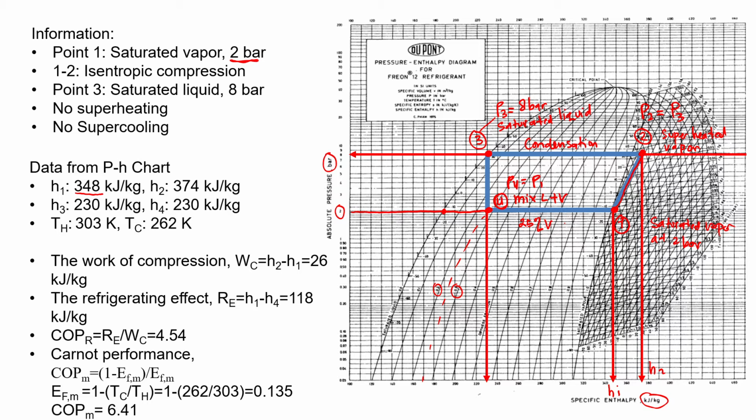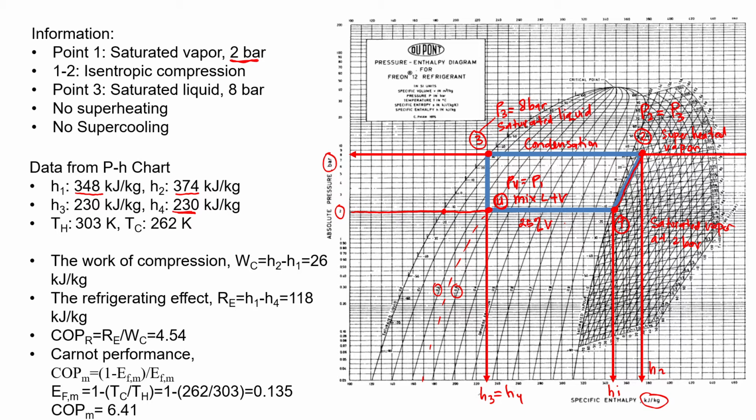H2 is 374. Okay, H3 is somewhere here, equal to H4. It's really in the middle between 220 and 240. So H3 equals H4 equals 230.